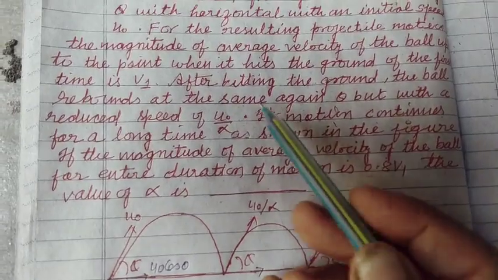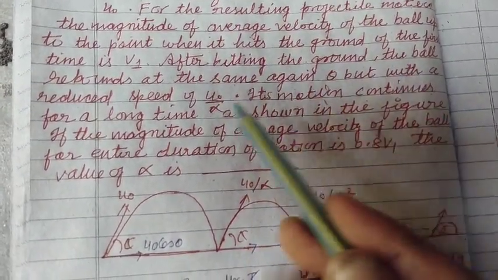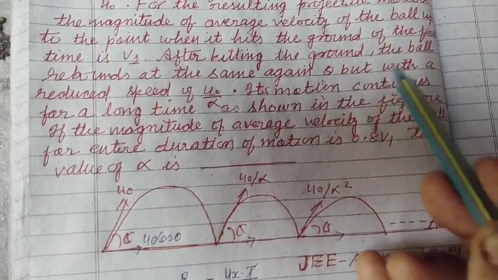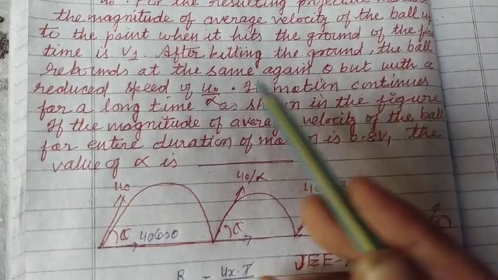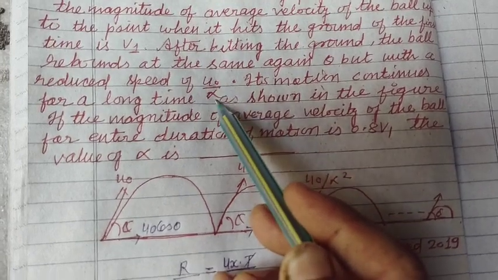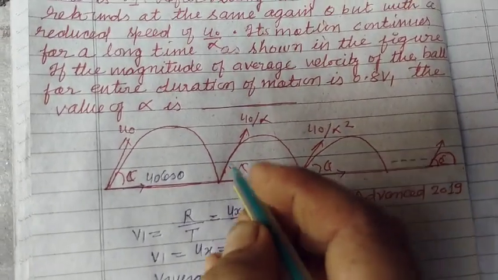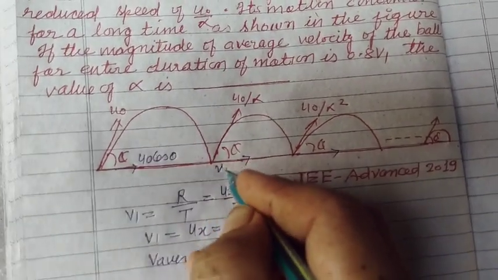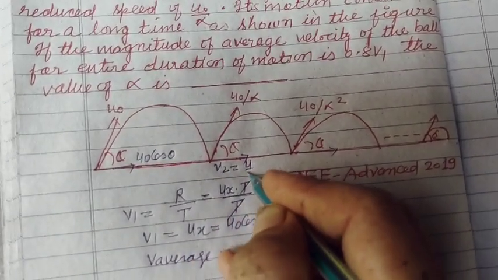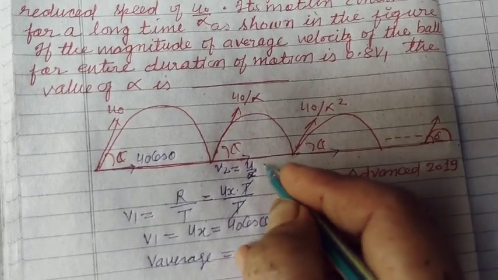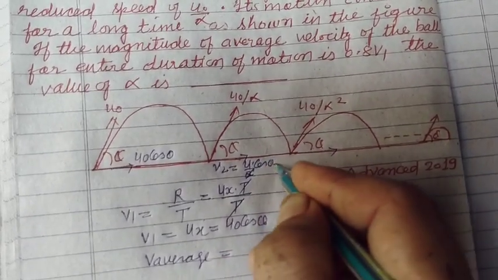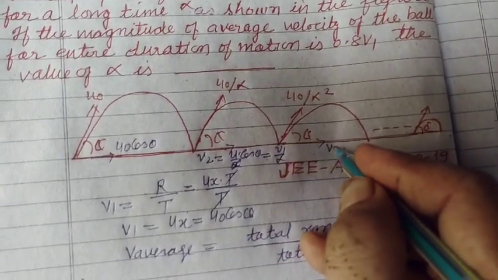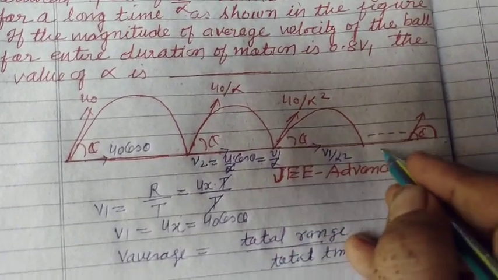In the question, after hitting the ground, the ball rebounds at the same angle theta but with a reduced speed of u0 by alpha. Here the speed is u0 by alpha, so v2 becomes u0 by alpha cos theta. So this is v1 by alpha. Similarly, v1 by alpha square, and so on.